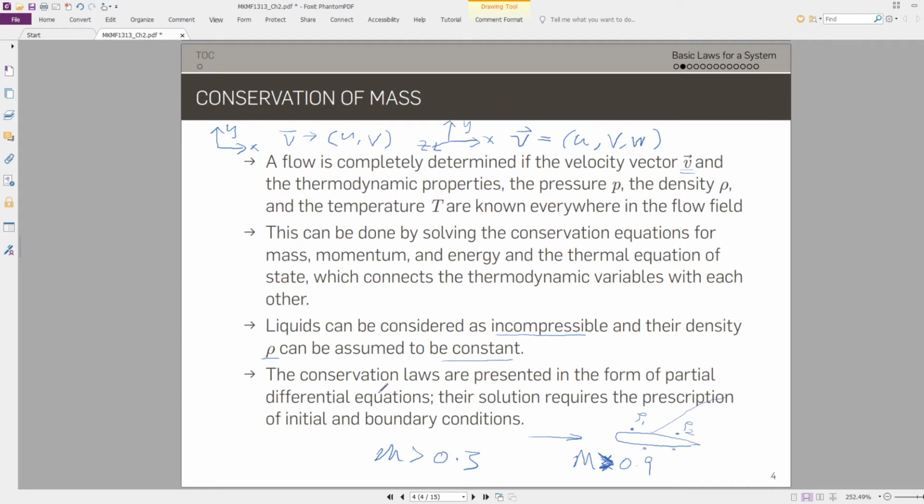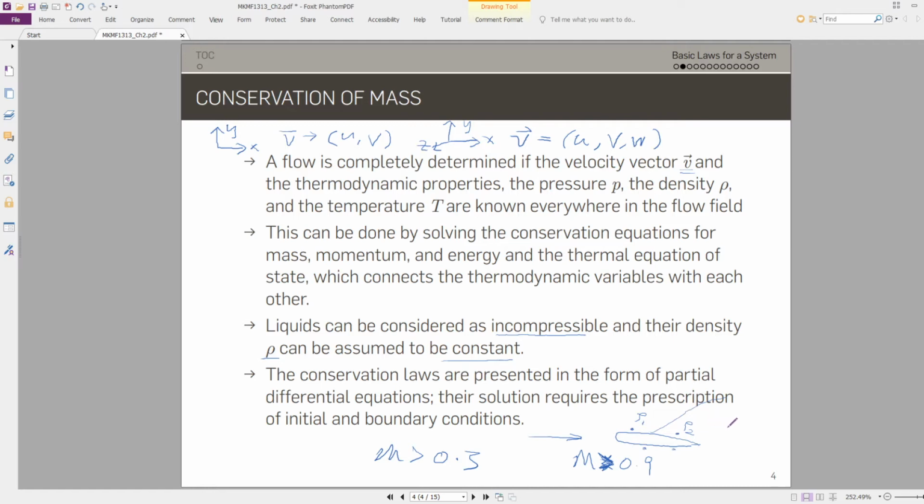So the conservation laws are present in the form of a partial differential equation, and sometimes the laws are represented in the integrations, and often we may find these conservation laws are represented in tensors, equations, and their solutions actually requires the prescriptions of initial and also the boundary condition.